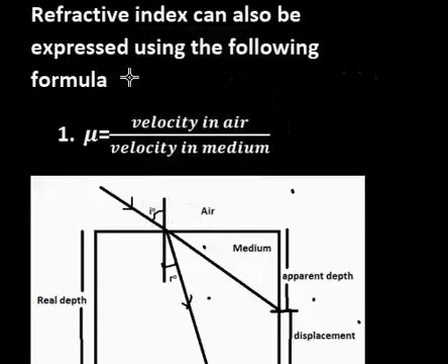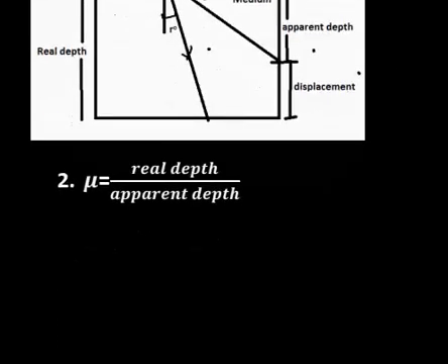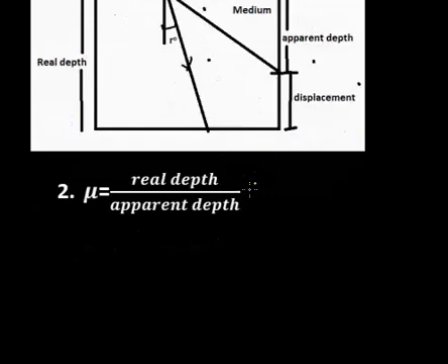Refractive index can be evaluated using the velocity of light in air divided by the velocity in that particular medium. Refractive index can also be given as real depth all over apparent depth.